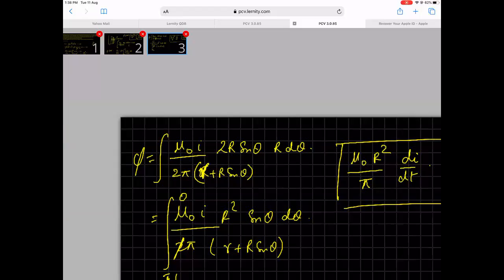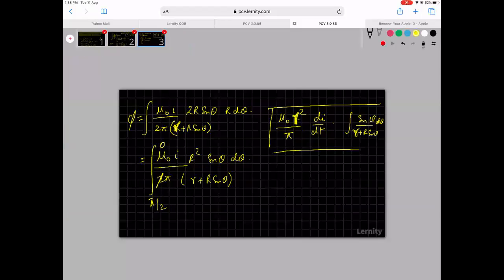This I stand is small r, this also is small r, this is also small r, so all the r's will get cancelled. So it is mu naught r by pi di by dt integral sine theta by 1 plus sine theta d theta. They are asking you for the heat generated.